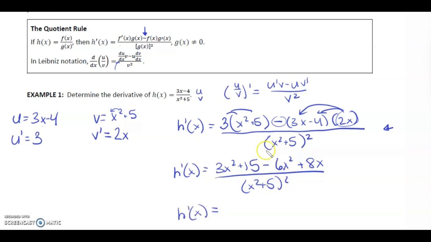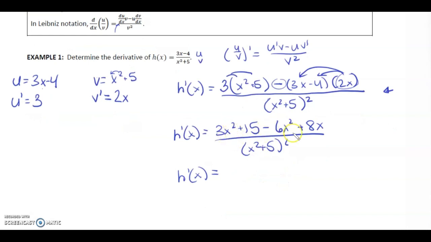If we collect like terms in the numerator, 3x squared minus 6x squared, I get negative 3x squared plus 8x plus 15, all over x squared plus 5 squared. It's very common just to leave the denominator as whatever it is, squared.